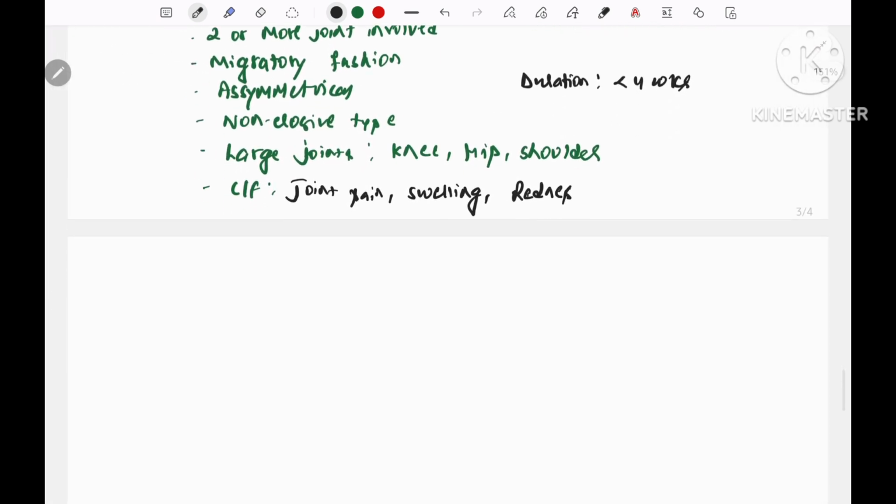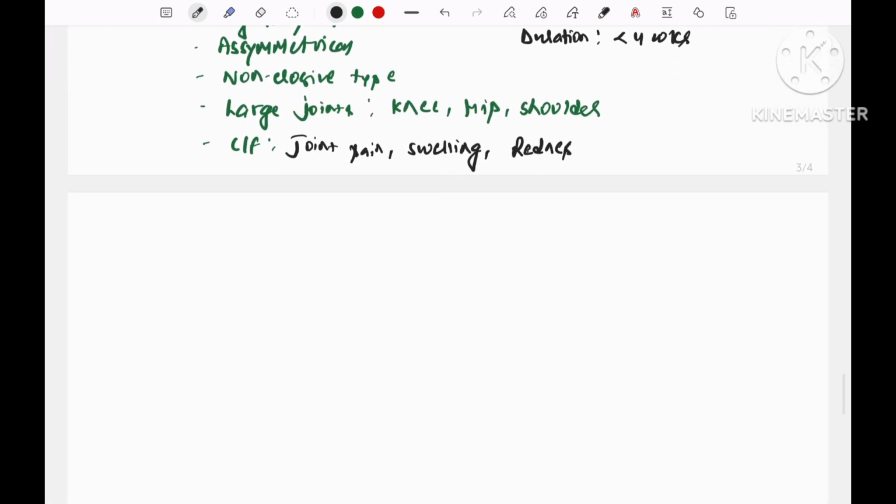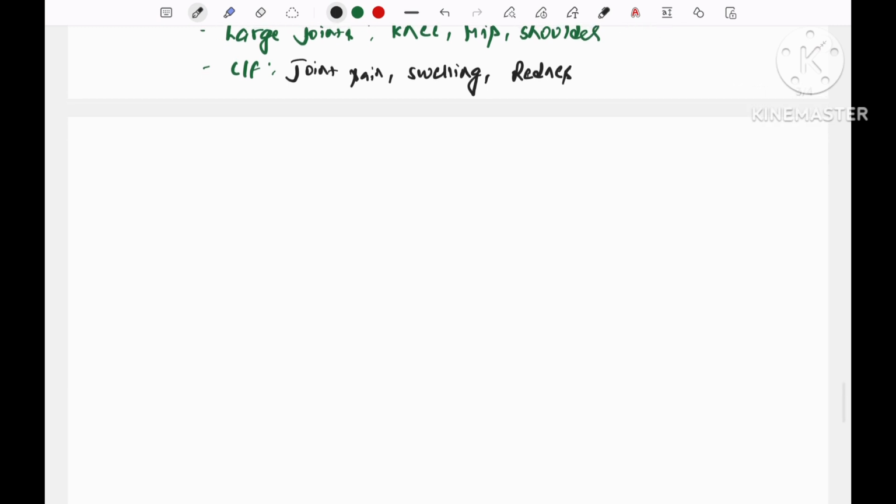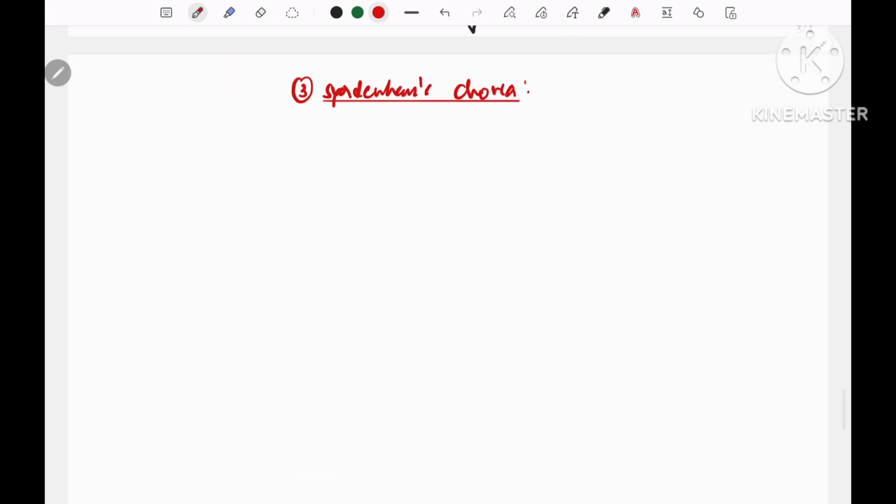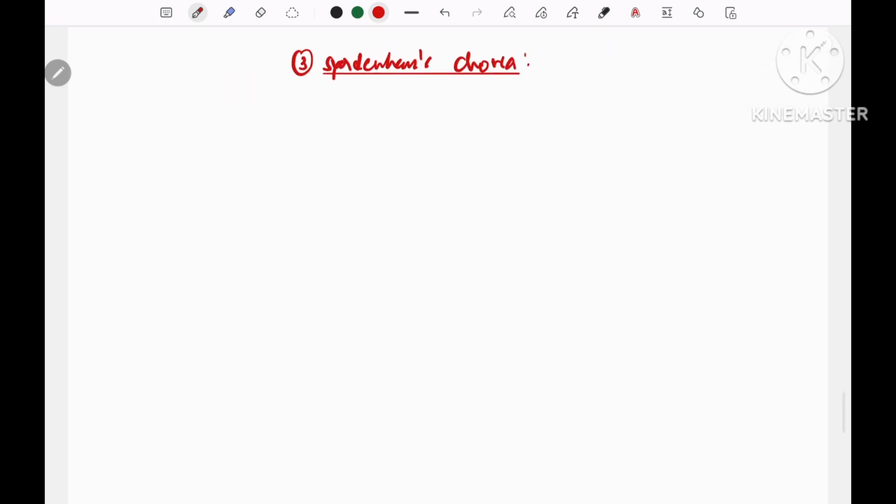Now, third, let's know about Sydenham chorea. Actually, it is the last manifestation: if all the other symptoms have disappeared, then this symptom appears. It is also known as Saint Vitus dance.